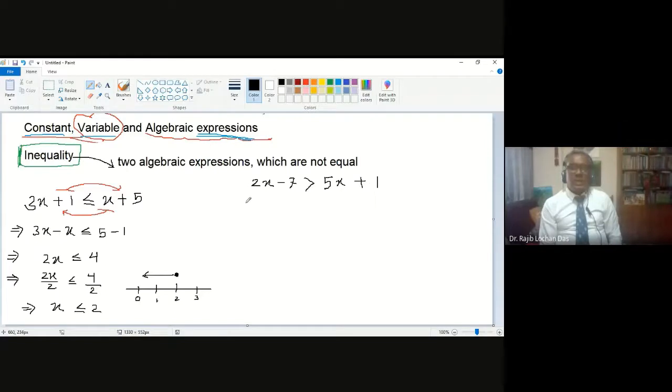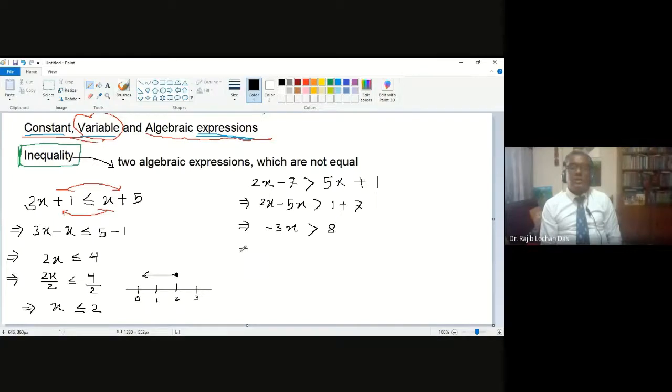In the next line I will write 2x minus 5x, and then greater than 1 plus 7. So in the next line you will write minus 3x, and then greater than 8.